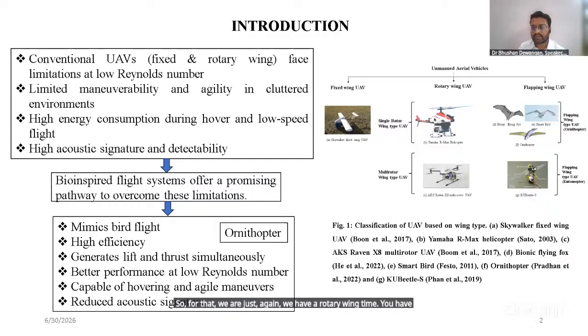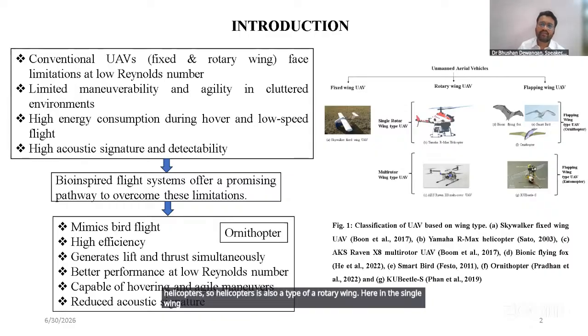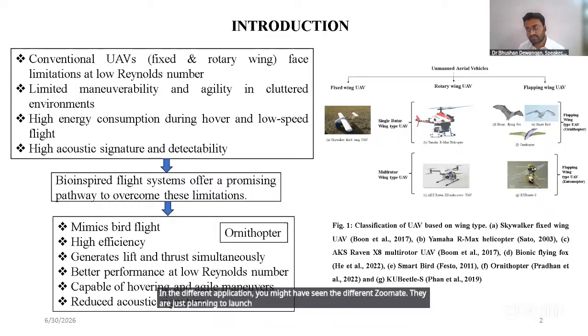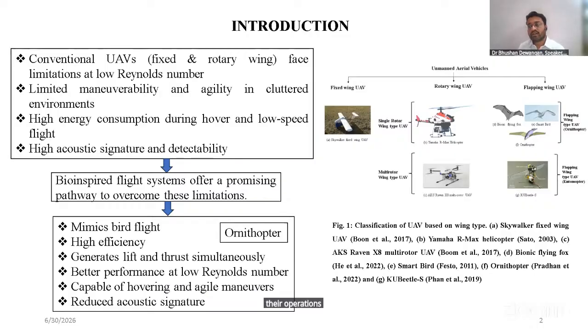You have seen helicopters. A helicopter is also a type of rotary wing. Here we have the single rotor type, and the multi-rotor type, where you have seen different motors, the drones. In different applications, you might have seen Zomato or Swiggy planning to launch operations to deliver their products from the source to the consumer within a stipulated time.